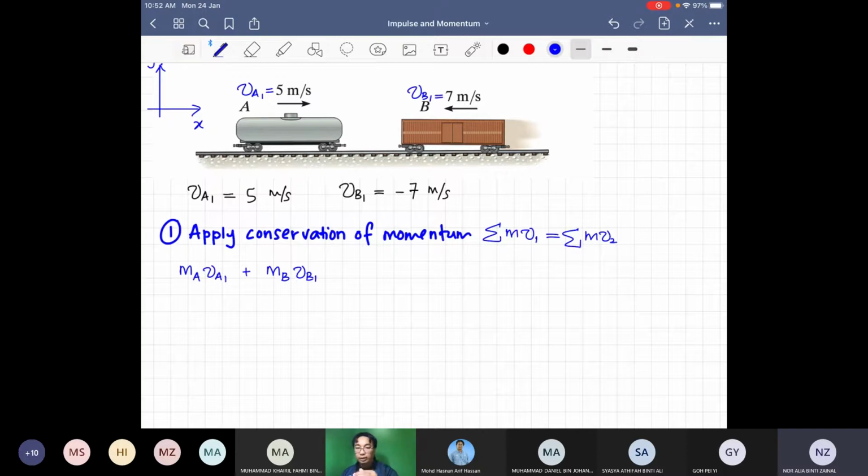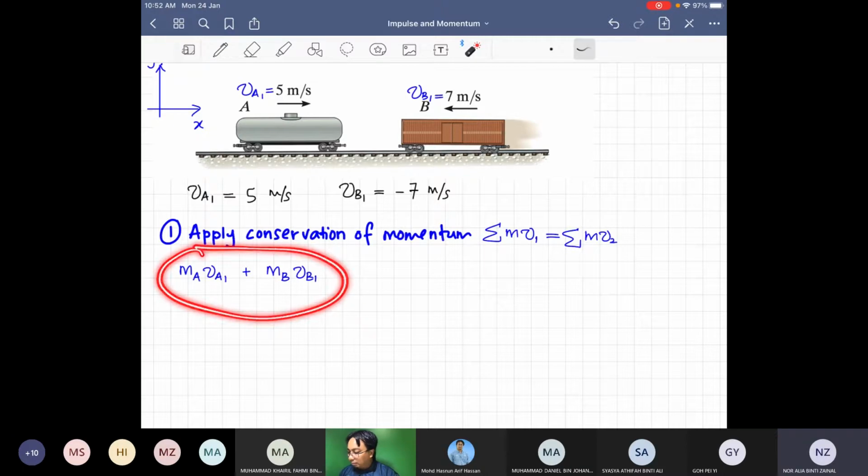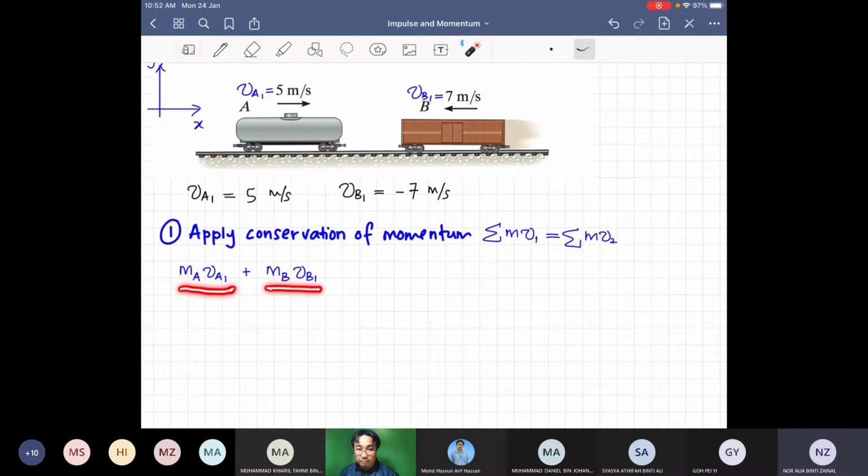So MA VA1 tambah MB VB1 mewakili summation of mv1. Sebab tu dia tulis summation dekat sini, summation ni menunjukkan tambah. Yang ni objek A, yang ini objek B. So dia tambah dua ni, this is why it refers to the summation of mv1.